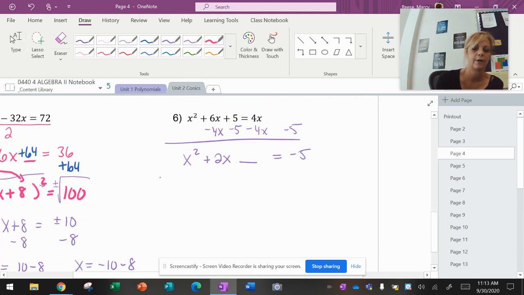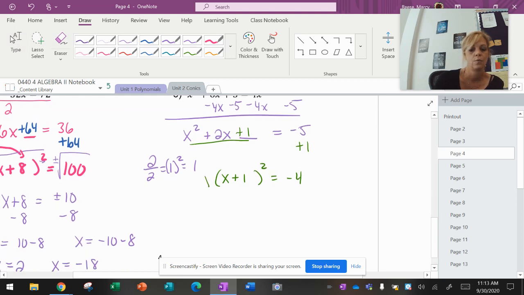Okay, so we're going to do it a little faster. B value divided by 2, square it, is 1. Add that to both sides. Perfect square trinomial. X plus 1 squared equals negative 4. Square root.